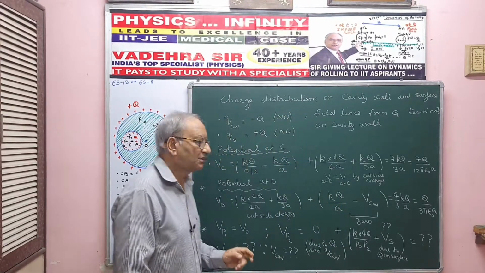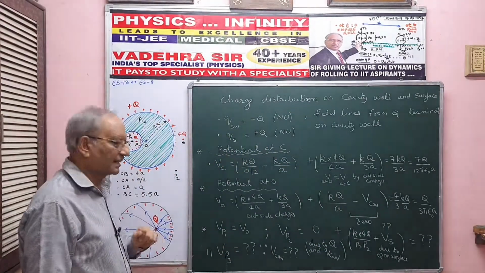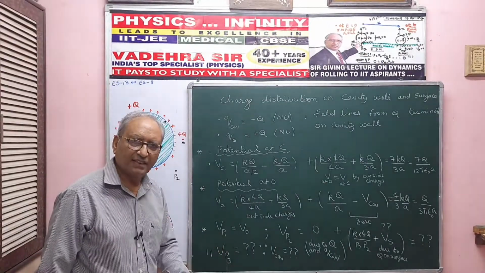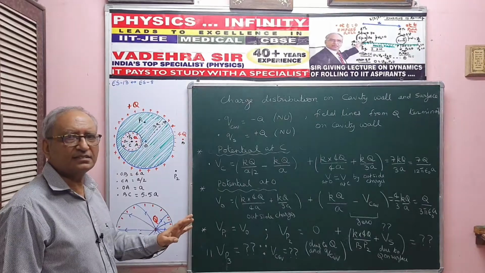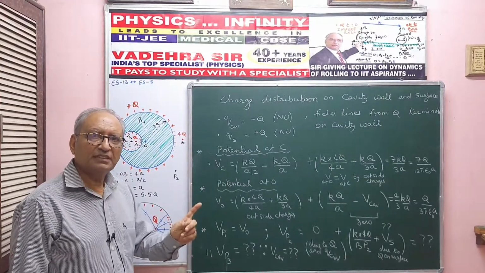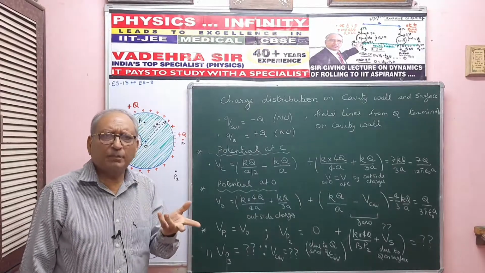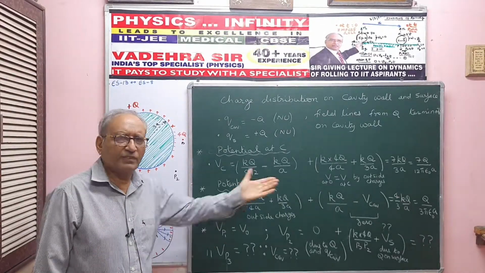Now let's talk about the point P3 within the cavity. Now V3 in the cavity, once again, outside charges, the potential at P3 is same as the potential at C, which we have done.